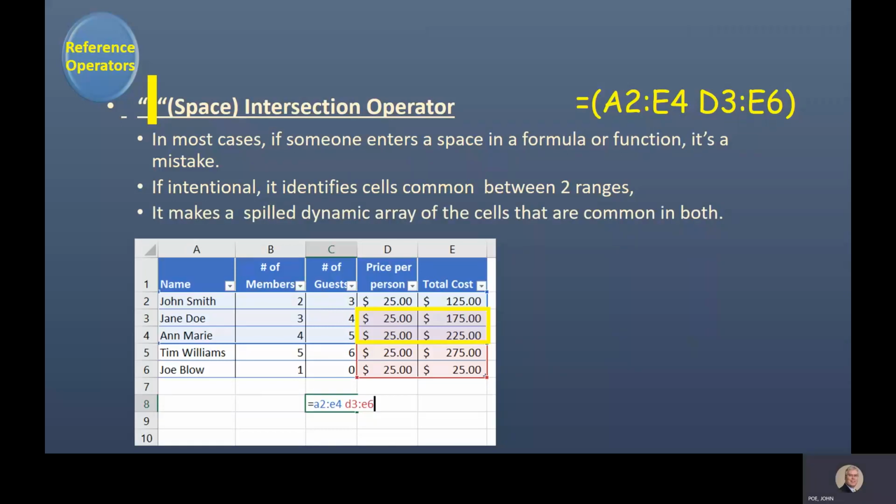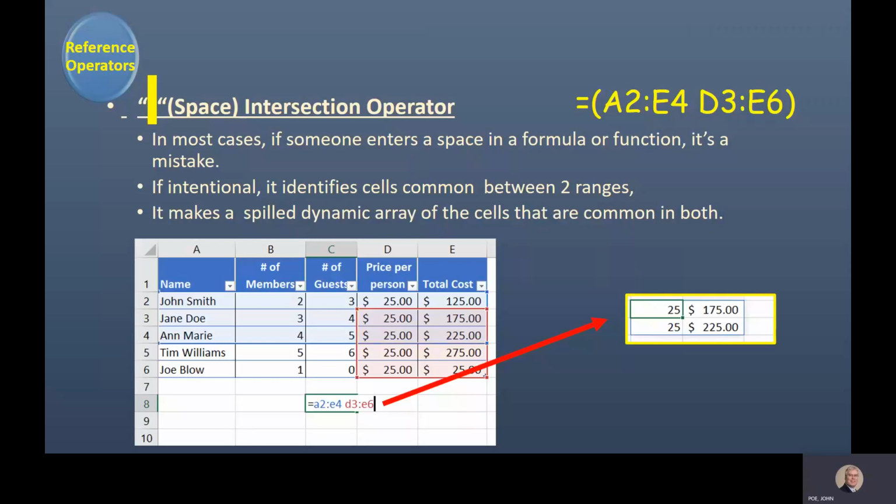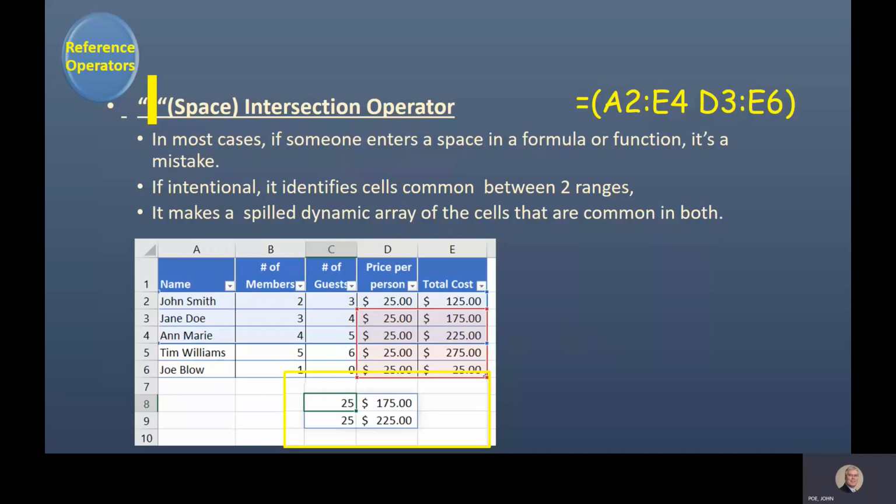If you type that in with the space, it'll actually create another spilled array that we talked about here. Instead of making it separate though, it'll go ahead and put it right where you typed in the formula. So spilled arrays are coming up in some of these things, and I can see uses for them, but in a lot of the day-to-day Excel, you may not be using these.